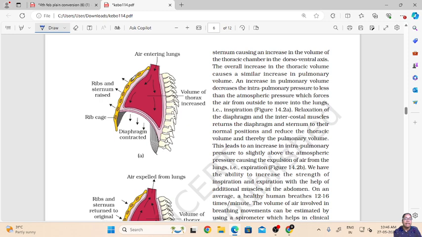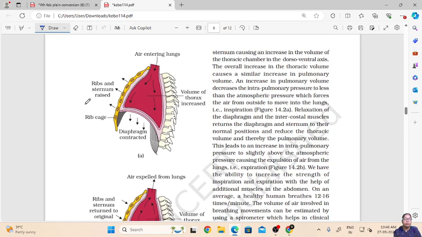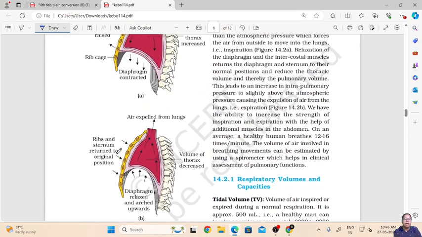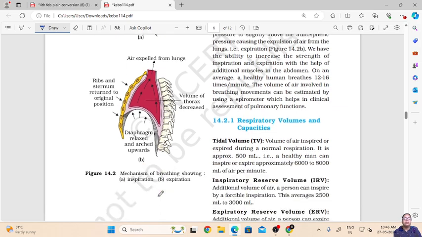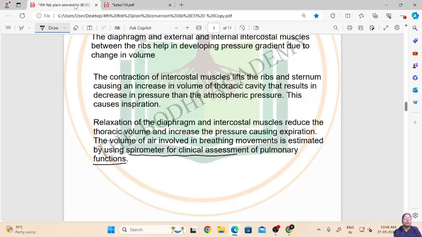See, when the air enters, the diaphragm will move down, the ribs will move out, and that will cause what? Inspiration. And in expiration, what? The ribs move in, the air moves out, and the diaphragm moves towards the lungs, and this will cause what? Expiration.